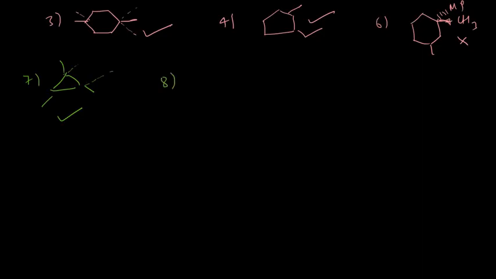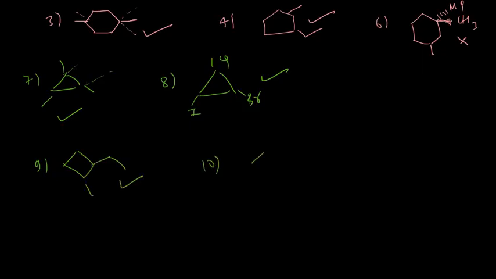Will it show GI? We have chlorine, iodine and bromine. Yes, it will show GI. Ninth, I am writing. Yes, it will show GI. 10th. Yes, it will show GI. 11th. It won't show GI because this group is above the plane.